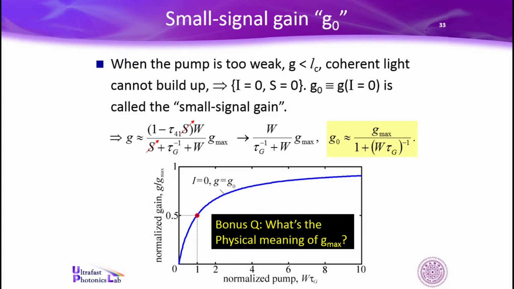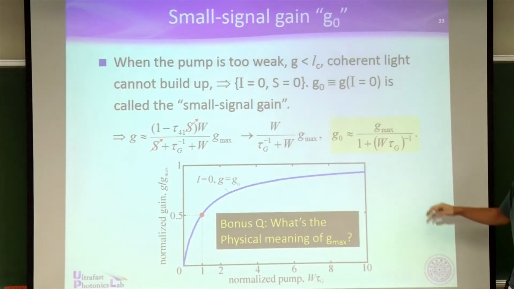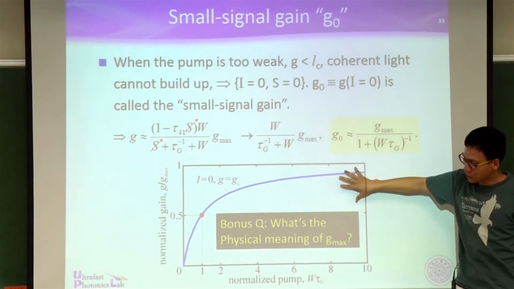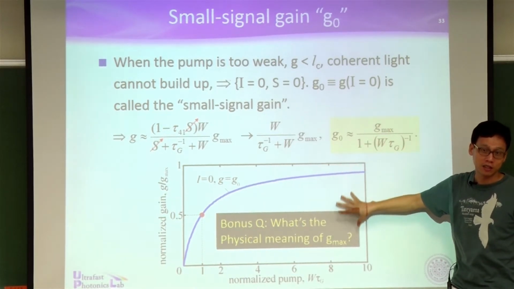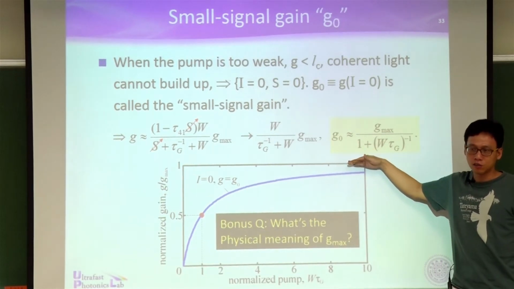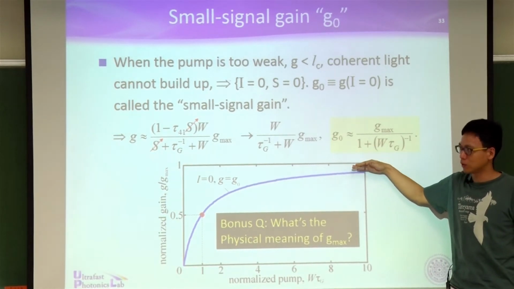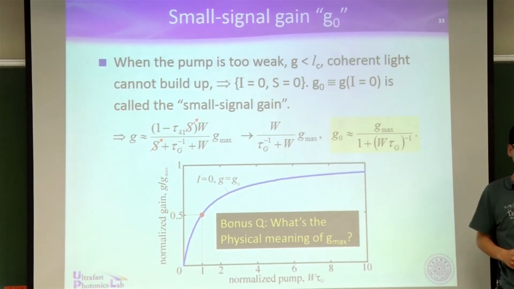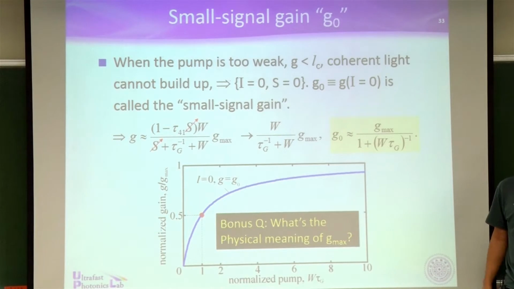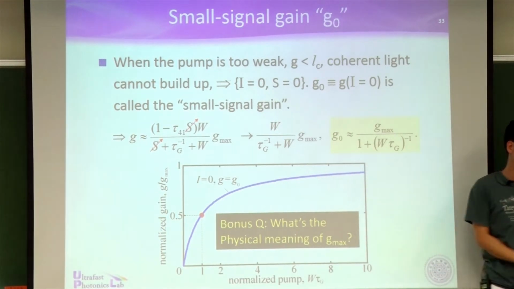No matter how hard you pump your gain medium, the best you can reach is all the electrons already distributed on level 3. That's it. Even if you pump it even harder, you cannot get an even larger gain. That's the physical limit. Okay. So don't memorize this formula by rote. Look at the shape of this curve, and understand its physical meaning. Why is there an upper limit? The number of electrons is fixed. No matter how hard you pump, the most you can do is send all of them to the upper state, and there is no extra gain to be had. That's why this curve is always below the Gmax.